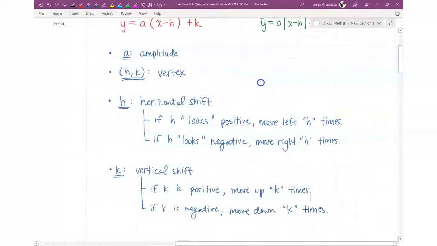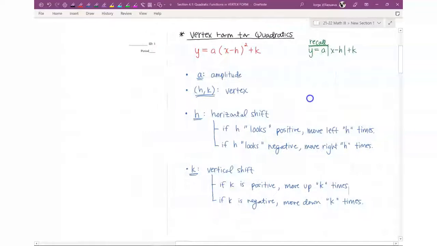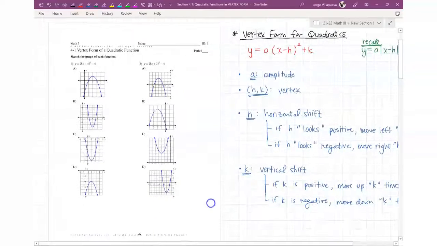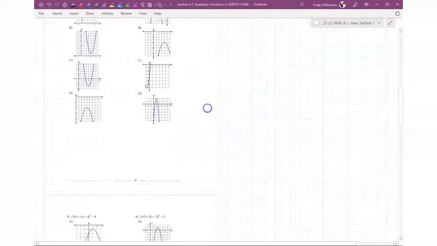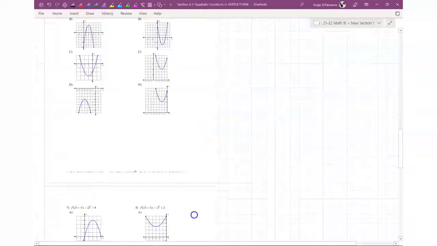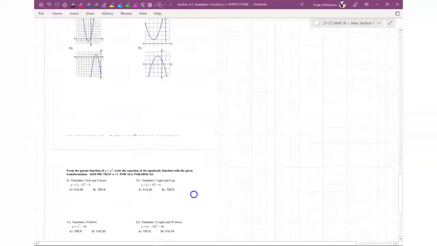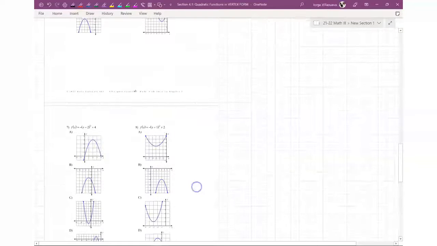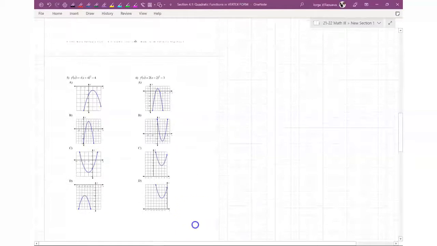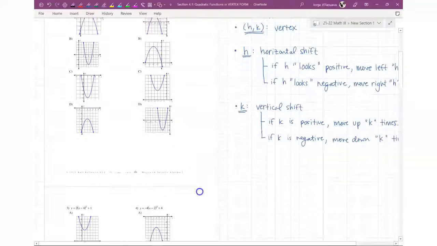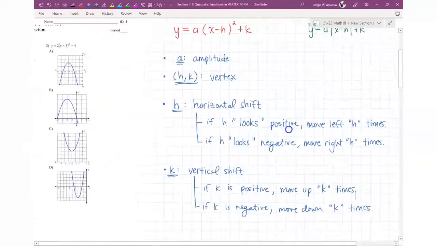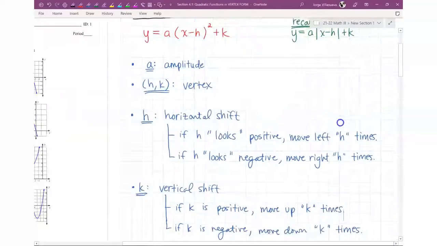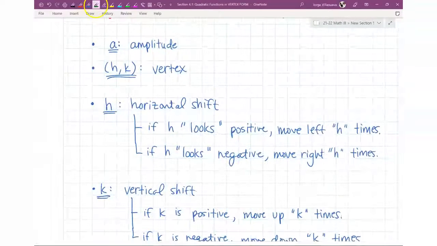So, all right, now that we have all those definitions, let me look at this. You have 8 graphing problems. So we'll pick a couple of them. Oh, and actually, there is one thing I forgot to mention. Let me put it up here with amplitude.